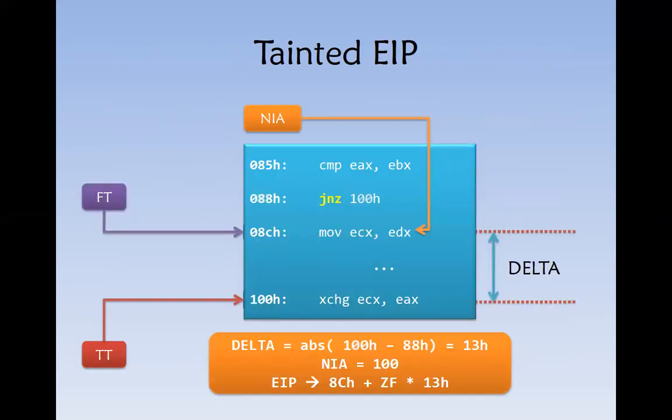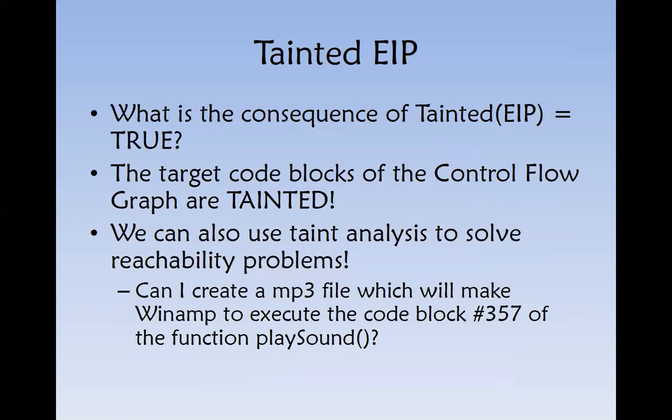The delta in this particular case is the absolute value of 100 hex minus 88 hex, which is 13, and the next instruction address is 8CH. Therefore, EIP is equal to 8CH plus Z, the zero flag, times 13H. So whether this is zero or not determines what the value of EIP will be. And this way of doing it also allows you to propagate taint tags.